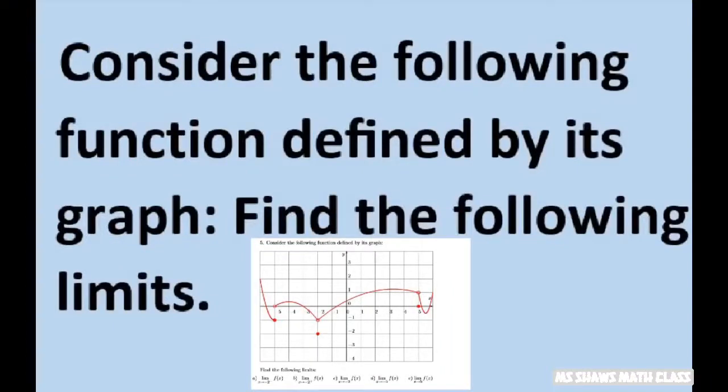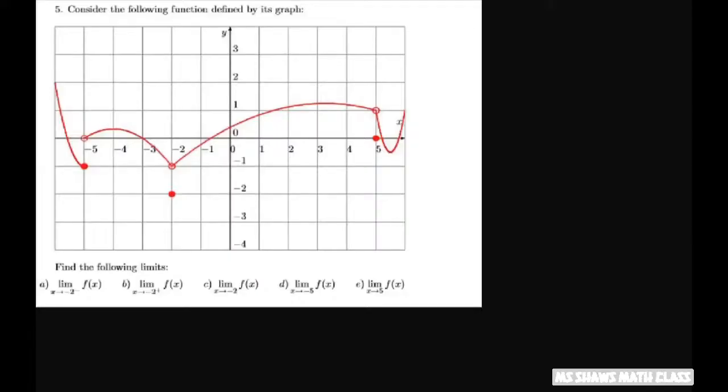One, we're going to consider the following function defined by its graph and find the following limits. So we'll get started and recall from our tables that a limit is your numerical value, the output or your y value. For this first one, we have the limit as x approaches -2 from the left of f of x.